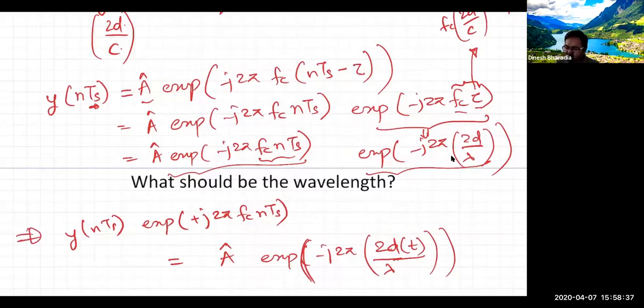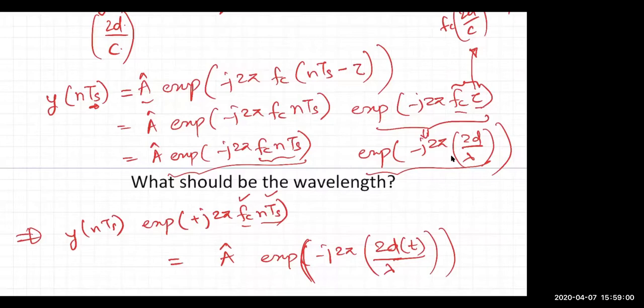FC is given because transmitter and receiver are synchronized. nTs is the same because time is synchronized at both transmitter and receiver. Eric, are you following? Yes, I'm following.